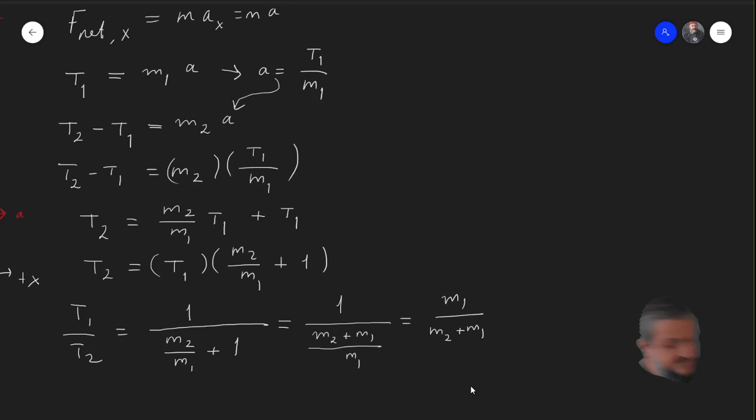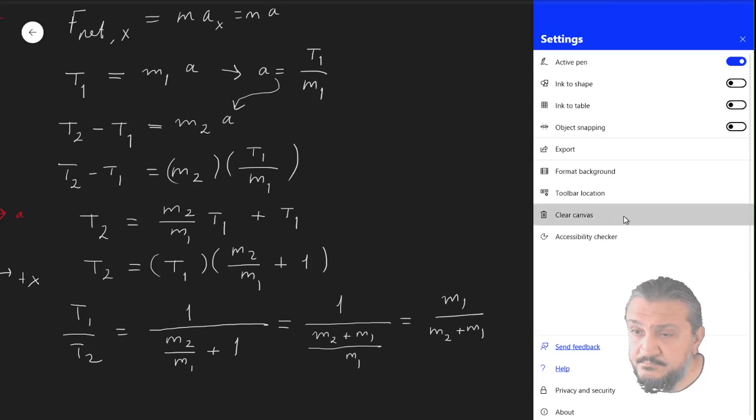So let's now move on to relative velocity. Actually, you know what? There are some elevator problems here.